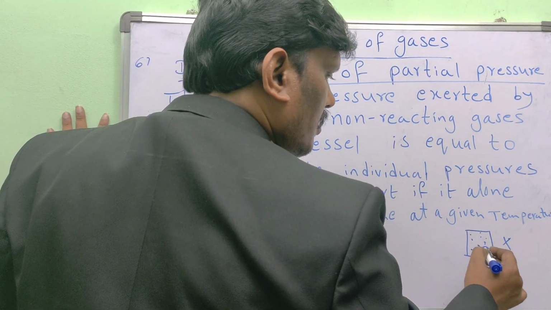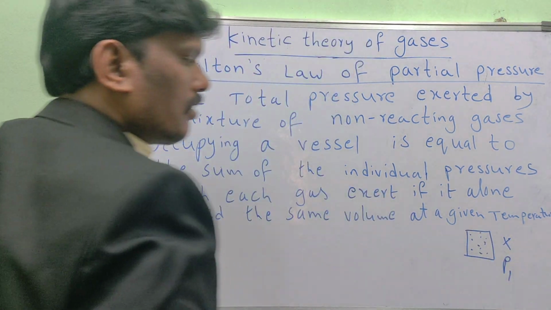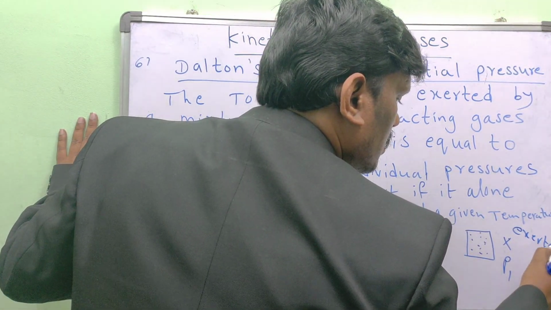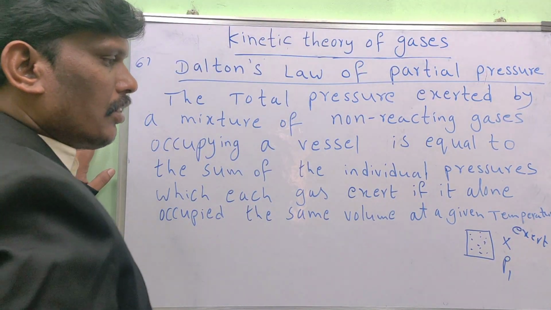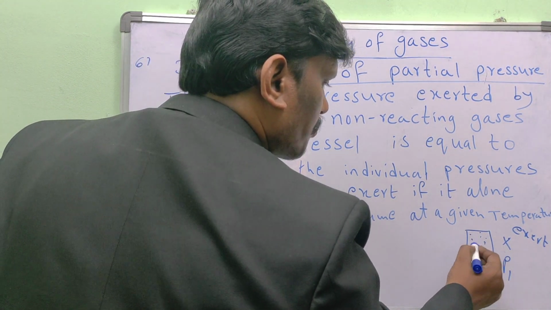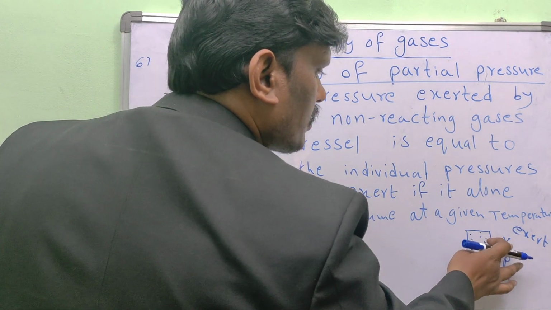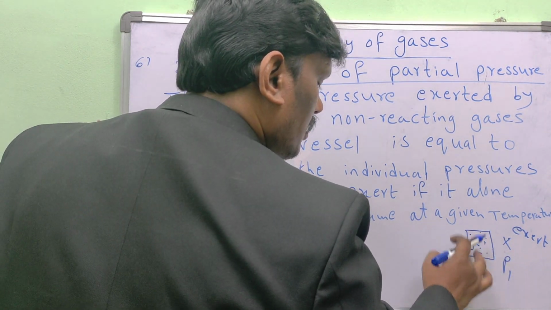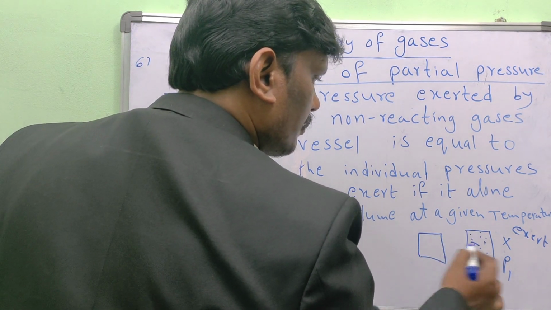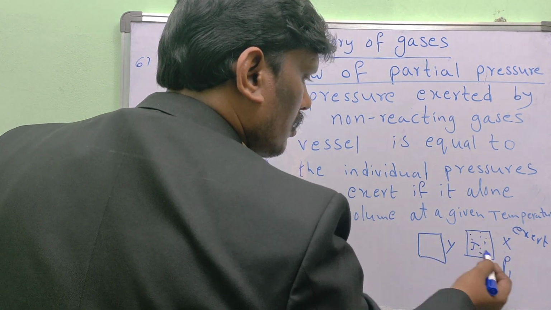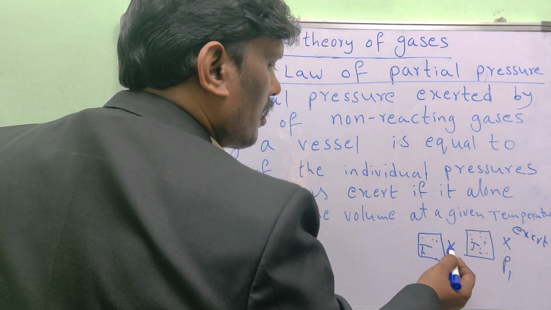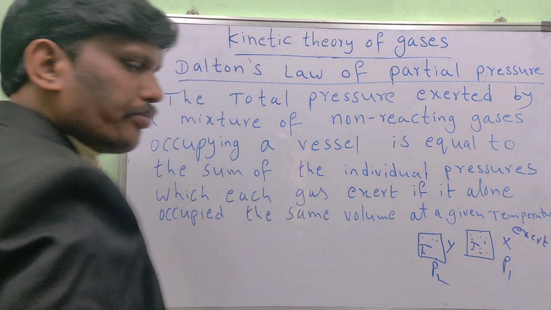The gas exerts a pressure P1, at some temperature T. Now replace X: in the same volume, the same container, the same vessel, take gas Y. Maintain the same temperature, and the pressure exerted by Y gas is P2.